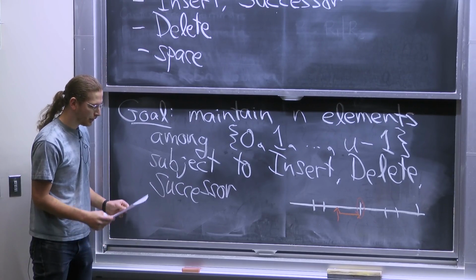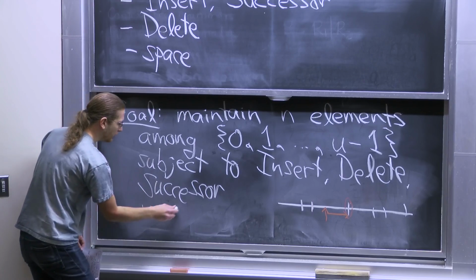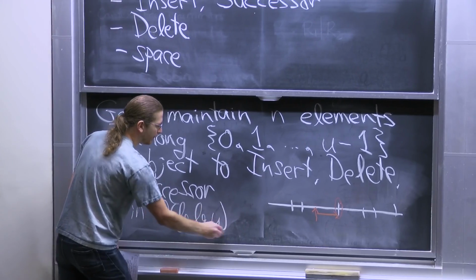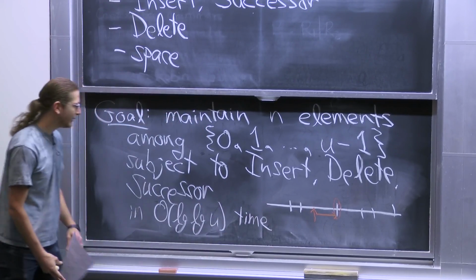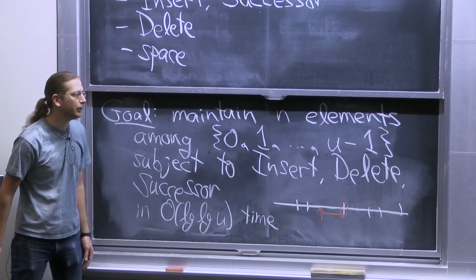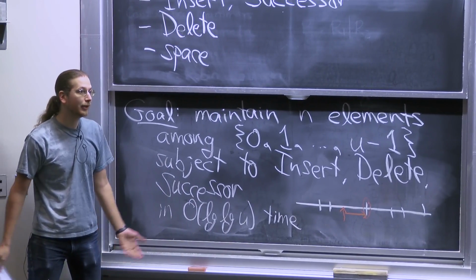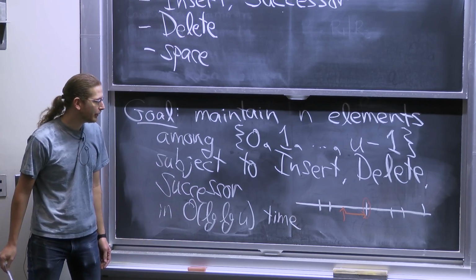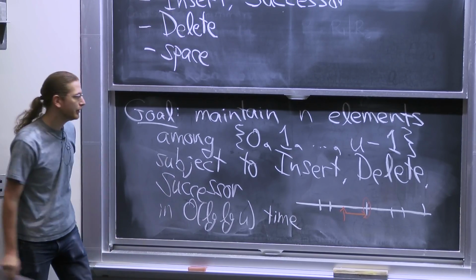So far, so good. We know how to do this in log n time. We are going to do it in log u time. Whoa, amazing. So an extra log, but we're cheating a little bit in that we're replacing n with u. Now, in a lot of applications, u is pretty reasonable, like 2 to the 32 or 2 to the 64, depending on what kind of integers you usually work with. So log of that is usually really tiny and often smaller than log n.